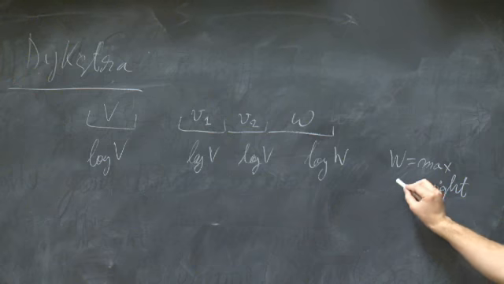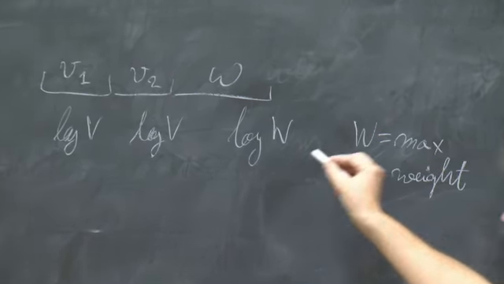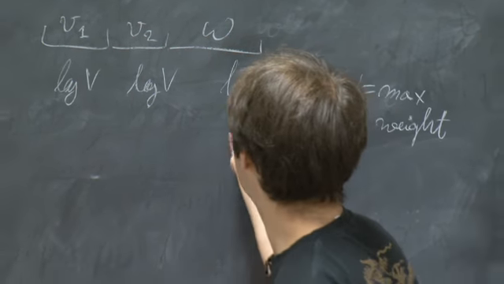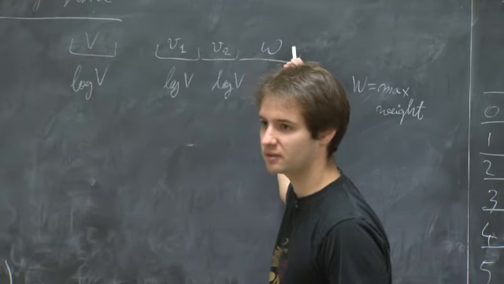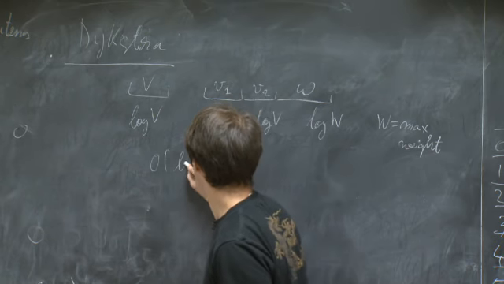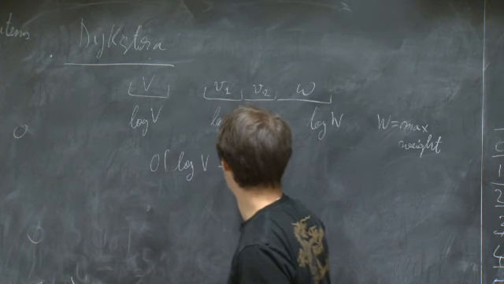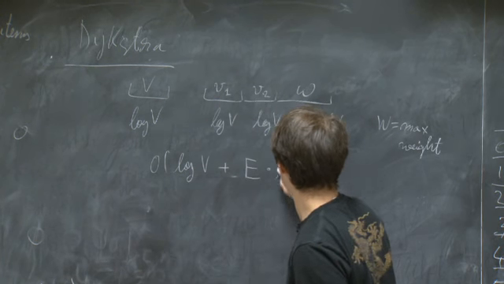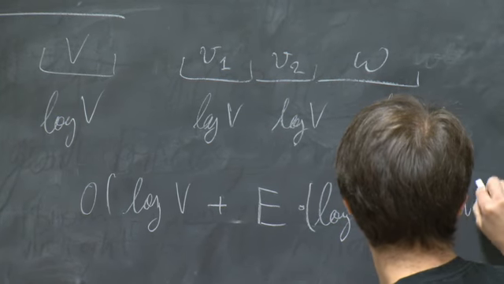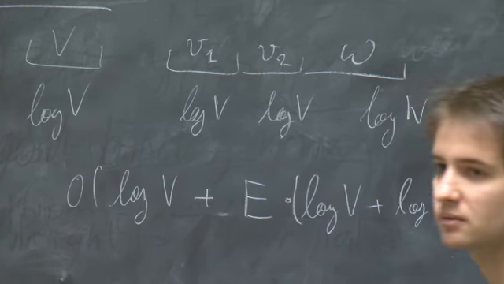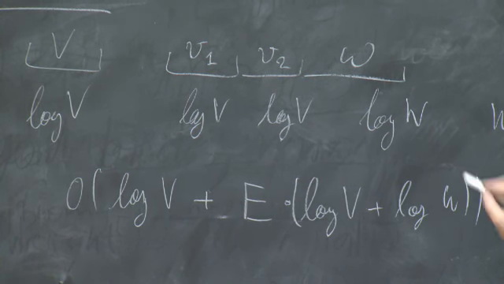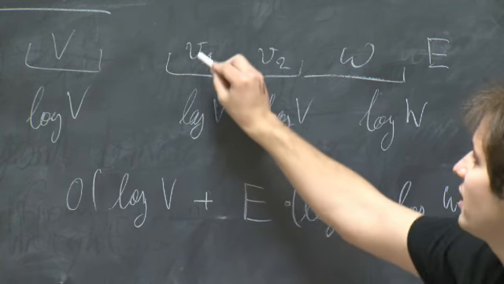So this is a property of the field size, right? Let's look at V actually. We have E edges here, so the input size is going to be log V bits plus E times log V plus log W. Because I have E edges, so I have E of these.